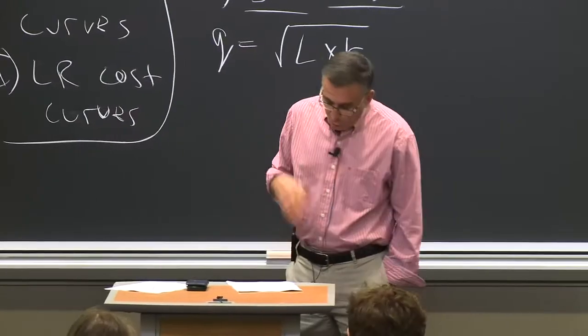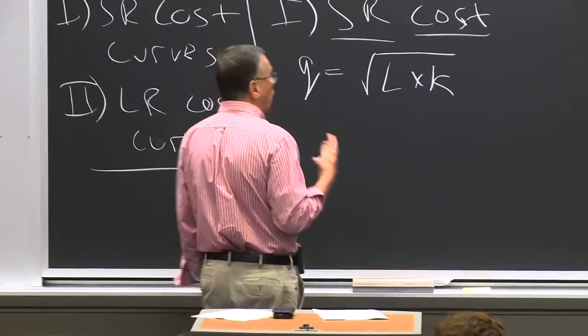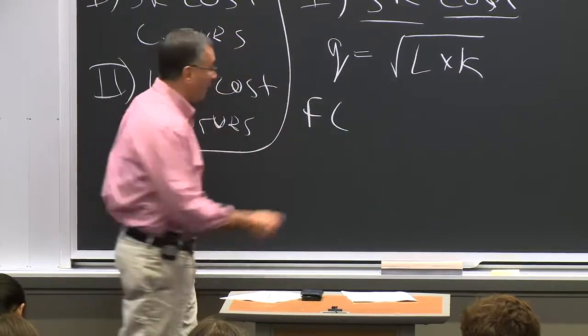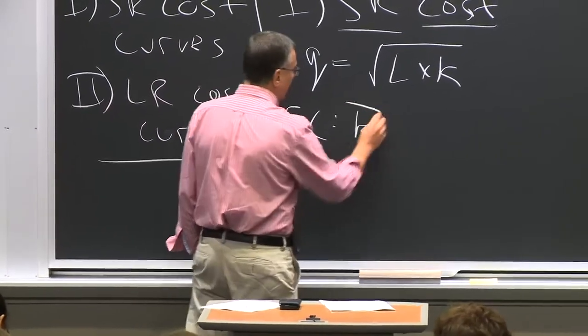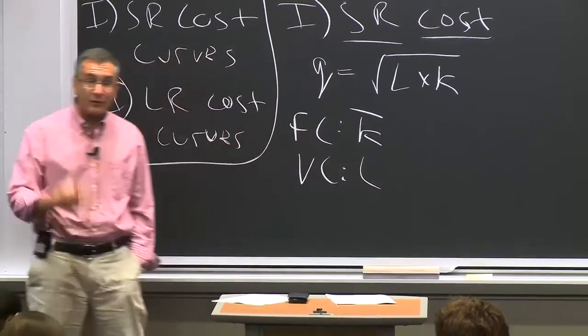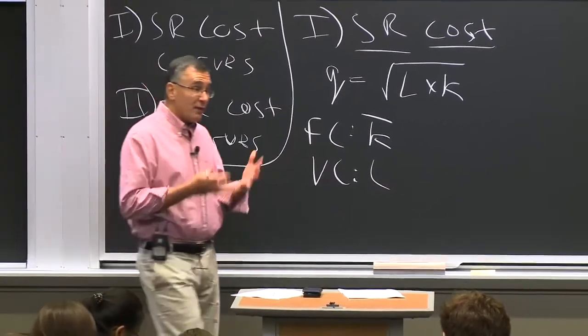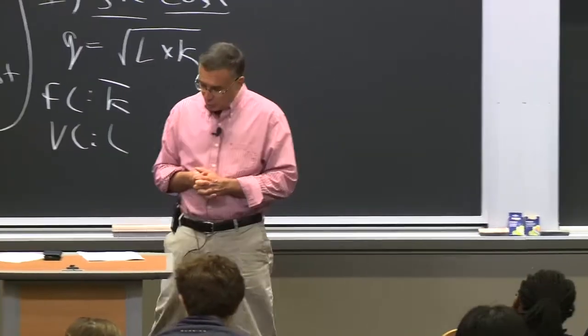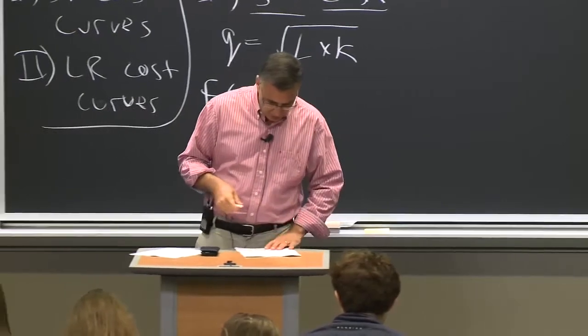Okay? So in the short run, we're going to have two kinds of costs. Fixed costs, which come from a fixed level of capital, because in the short run you can't change the level of capital. And variable costs, which come from our labor.